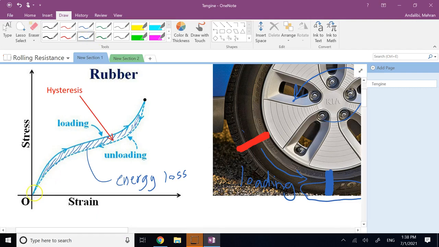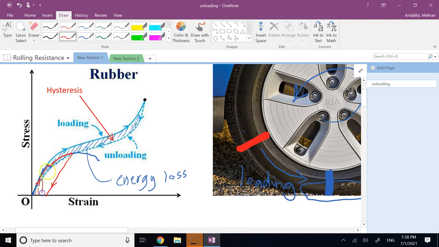And as you know, for a material like steel, once you are in the elastic region, if you unload, you go back on the same line and there is no cycle. Yes, if you go to the plastic region, for the steel, for which the stress-strain curve is like this, if you pass the yield strength and you go to the plastic region like this, once you unload here, you're going to go back like this, parallel to the linear region.